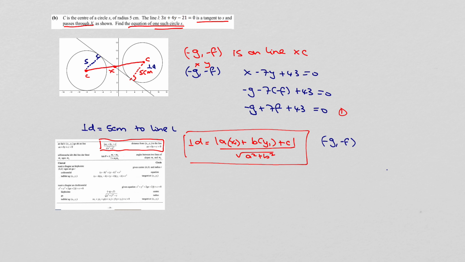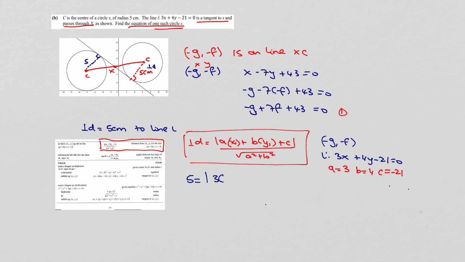The line L is 3x + 4y - 21 = 0. So that means that A is 3, B is 4, and C is -21. And of course, we've said our perpendicular distance is 5.